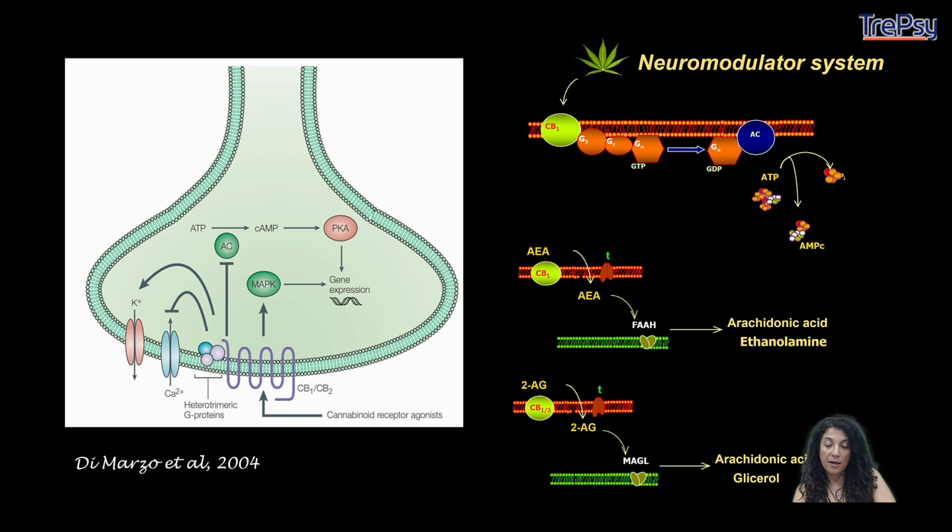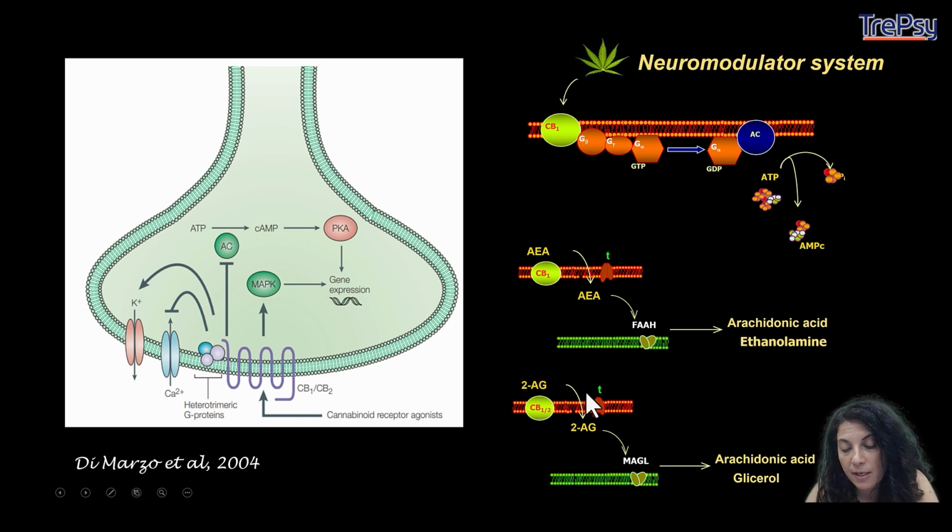And then we have 2-arachidonyl glycerol, 2-AG, which acts on CB1 and CB2. It's transported inside the cells through a specific transporter and degraded by monoacylglycerol lipase into arachidonic acid and glycerol.